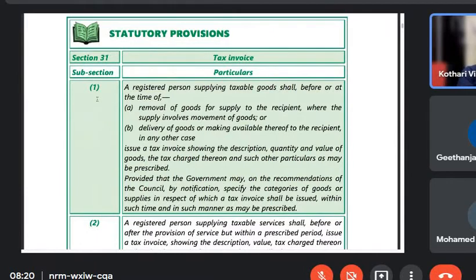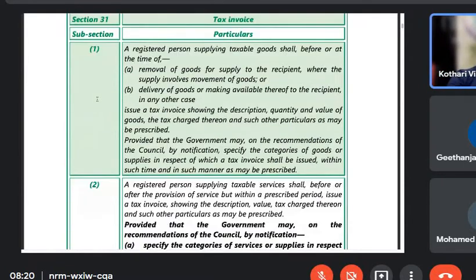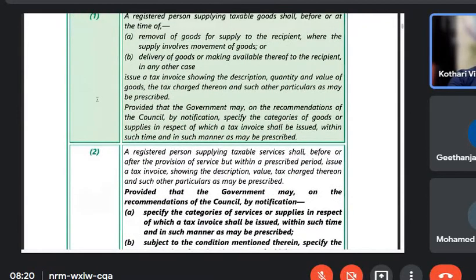That when you compare the date of issue of invoice with the invoice issued as per section 31. So the invoice should be issued as per section 31, either at the time of removal or before that, where it involves movement of goods, or in any other case at the time of making it available, issue a tax invoice. So the first document you are going to issue under GST is the tax invoice.